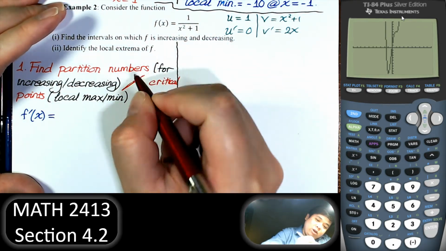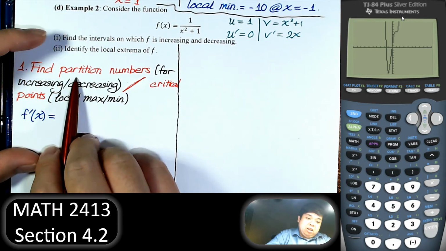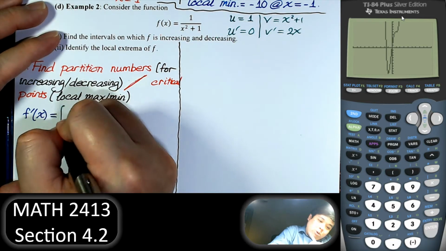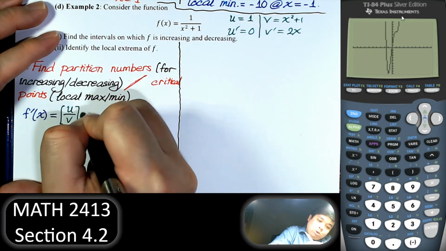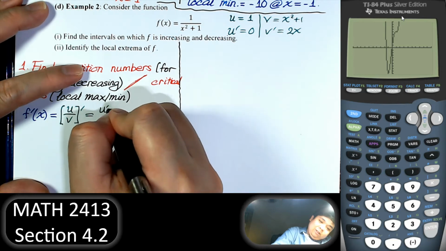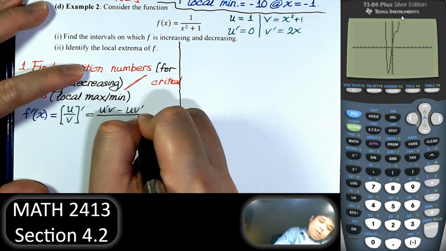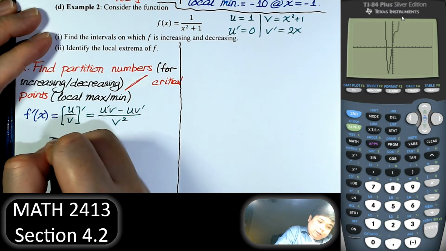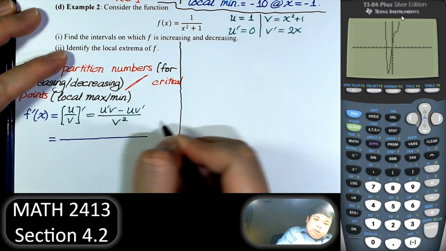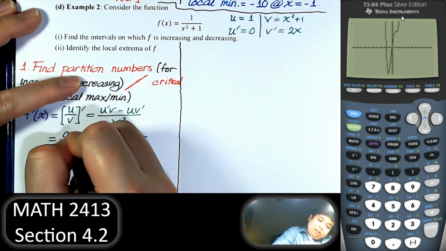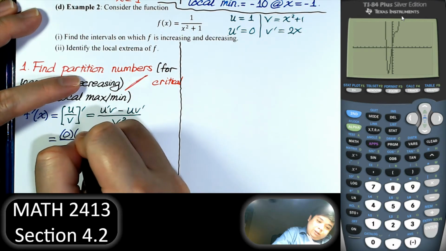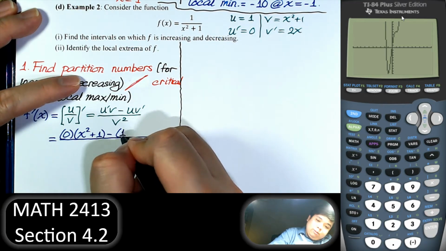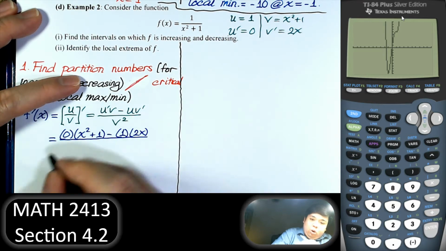The only difference between them is the domain. So either find partition numbers or critical points. The derivative is going to be the quotient rule because it is a quotient: u prime v minus u v prime over v squared.